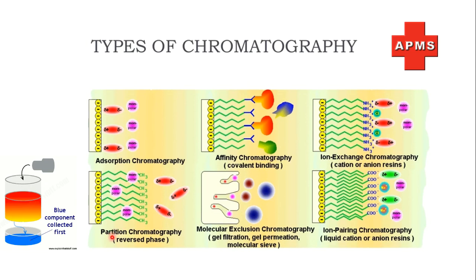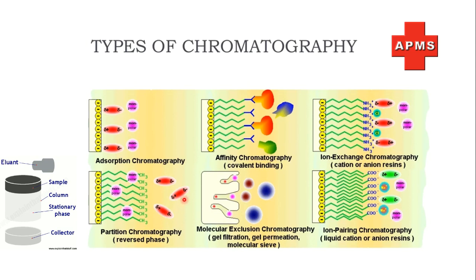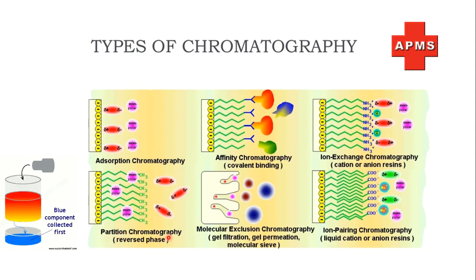This happens due to different solubilization of these non-polar molecules between the stationary phase and the mobile phase. So due to this partition, or different solubilization, we call it partition chromatography.